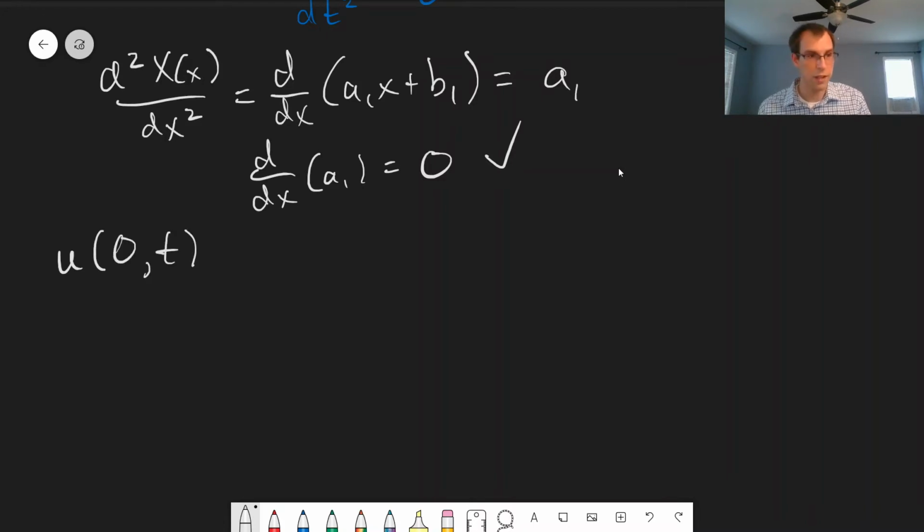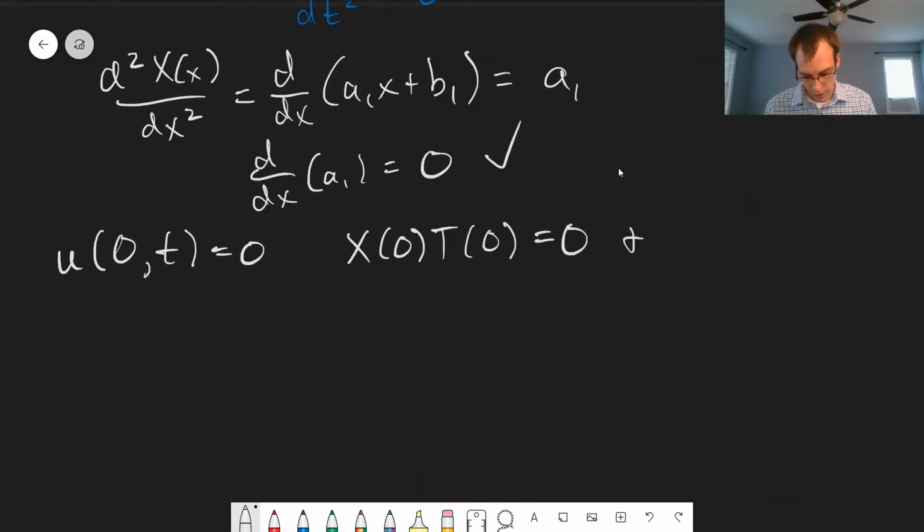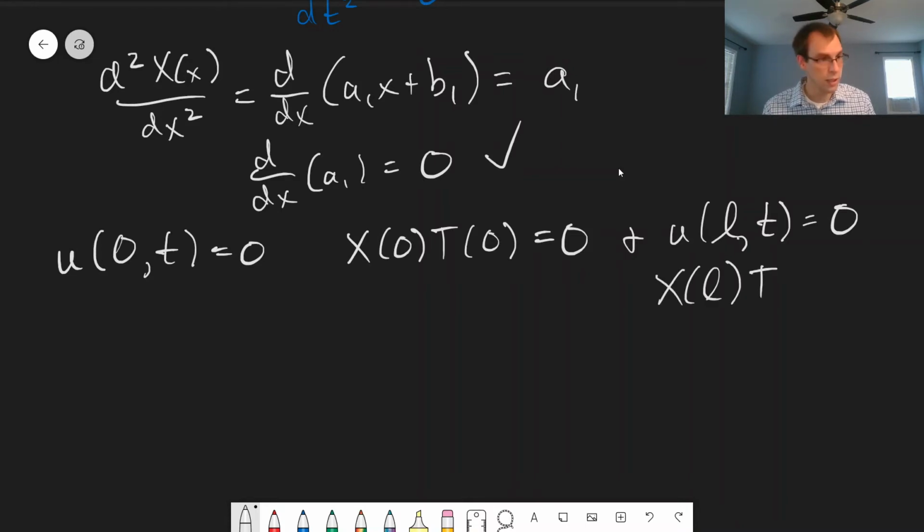And so X(0) times T(t) has to be equal to 0, and u at x equals L, at any time, will be equal to 0.